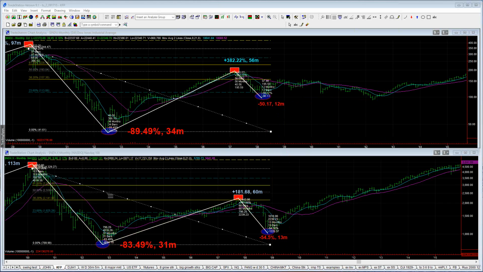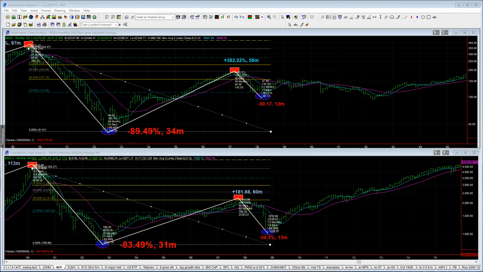So in conclusion, we're looking at two decade-long periods. The first part with a major advance, which was a bubble in both cases, in the Dow in the 20s and in Nasdaq in the 1990s. And then we have the major corrections, which were the biggest of the last 100 years in both of these markets.